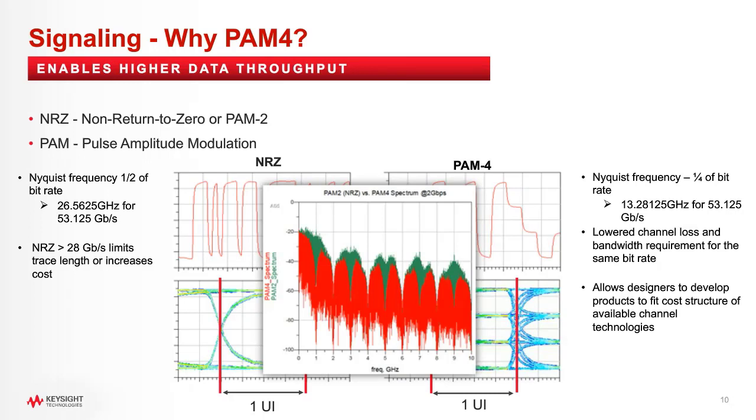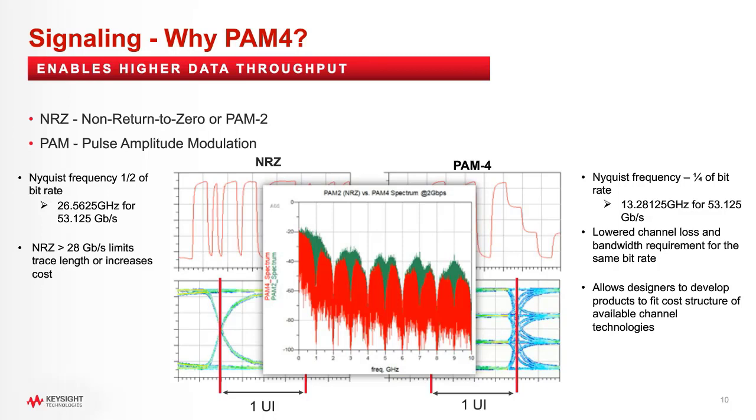As we discussed in the previous slide, PAM4 helps the bandwidth requirement. If we look at the Nyquist frequency between NRZ and PAM4, as seen in this spectral density plot, we can clearly see the advantage of PAM4.